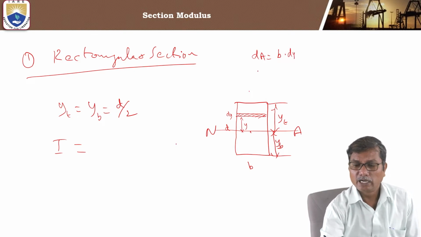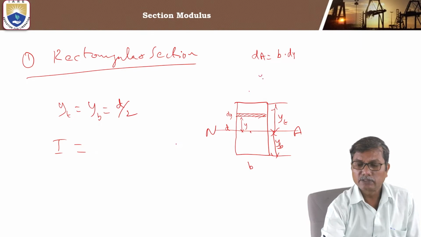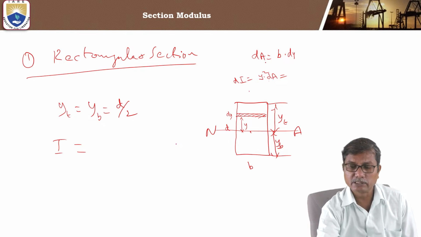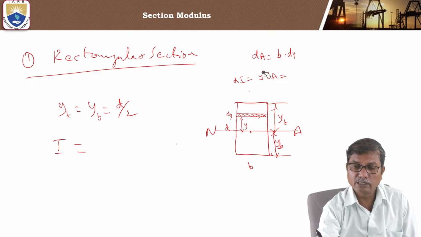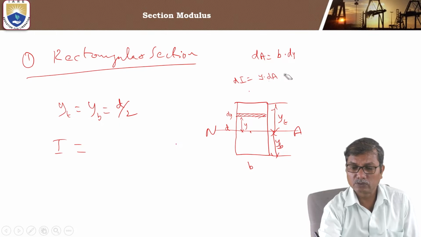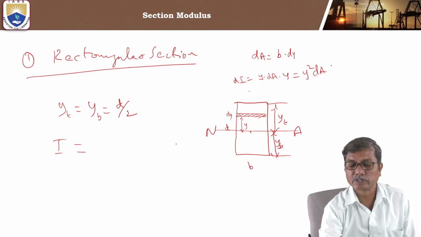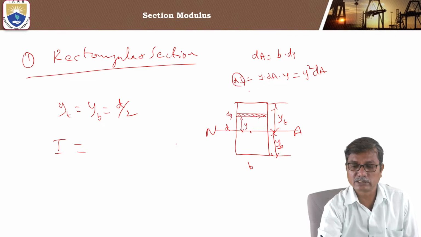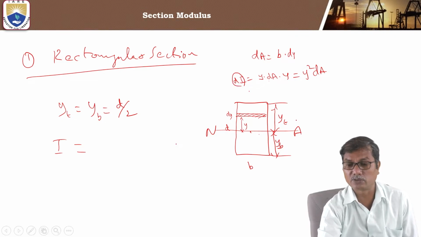The second moment of the elementary area is said to be the moment of inertia. The first moment of area is y dA, so y dA into y gives the second moment of area, y square dA. This is the moment of inertia of the elementary area with respect to the neutral axis.